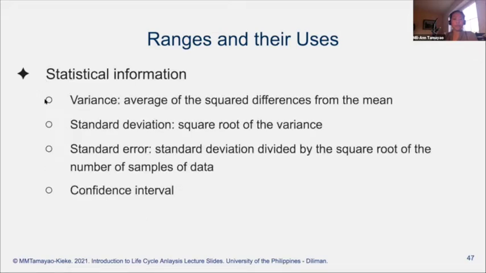Variance is defined as the average of the squared differences from the mean. Standard deviation is the square root of the variance, and your standard error is the standard deviation divided by the square root of the number of samples of the data.